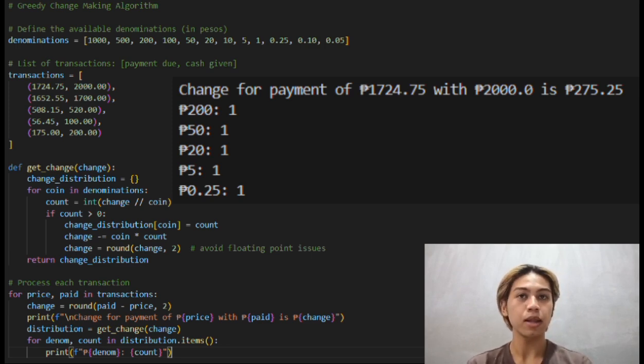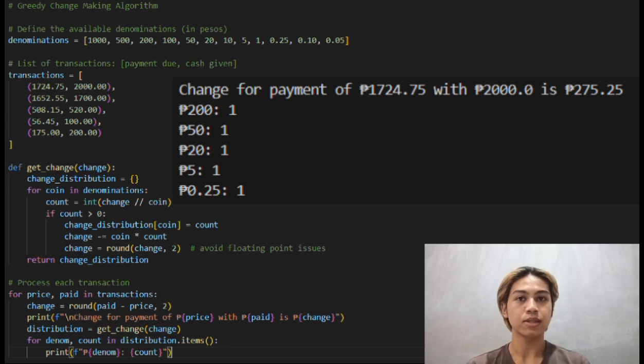So there's an example output here for the transaction of 1,724.75 to 2,000 pesos. The change would be 275.25 pesos. The denominations given are 1 200 pesos, 1 50 pesos, 1 20 pesos, 1 5 pesos, and a 25 cent.